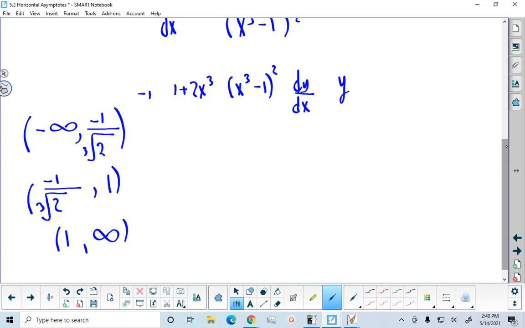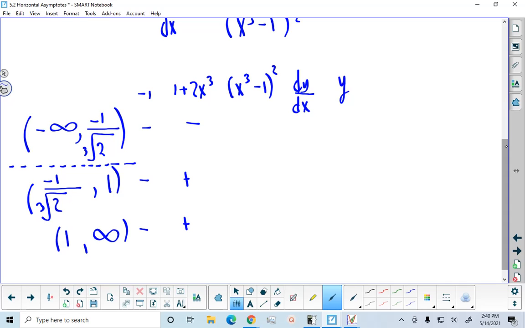So negative 1 is negative everywhere. 1 plus 2x cubed, since it has an odd exponent on the variable, we treat it like a linear factor, which means it goes from negative to positive, and it crosses over when it passes the 0 of the factor.